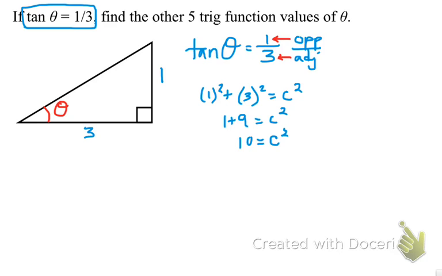If we solve again using the square root and ignoring the negative root because a side length of a triangle can't be negative, we'll get that C, the hypotenuse, is the square root of 10. And so that's a way to get to the same place we were at previously, where we knew the length of the opposite and the length of the adjacent, and we had to calculate the length of the hypotenuse.